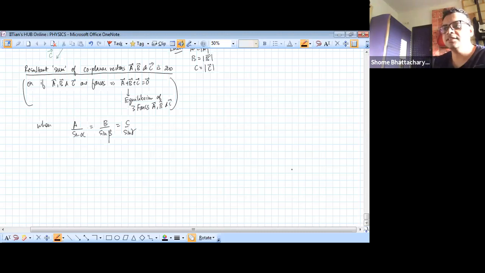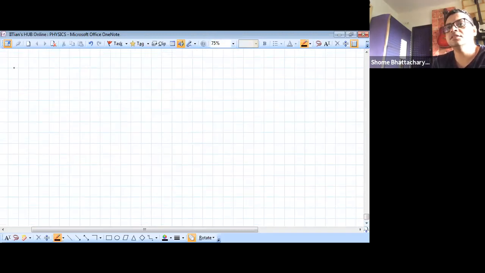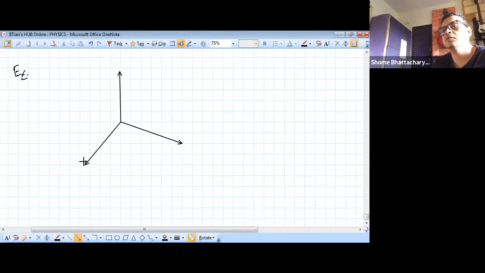Okay, so let's understand this with an example. A very easy example: you have three forces acting like this. Say F1 is at 120 degrees to F2.